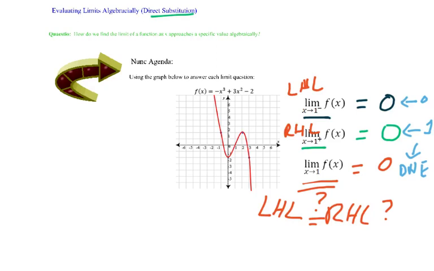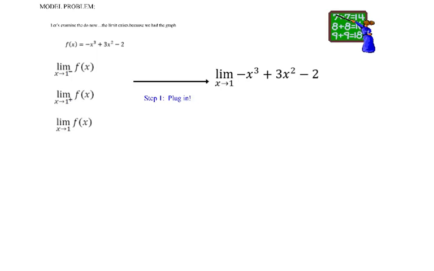Okay, moving on to today's lesson. Solving limits algebraically. Now, when we see a limit, notice first of all, I'm not given a graph. If I look at this problem overall, I no longer see the limit as x approaches 1 of f of x or of g of x.